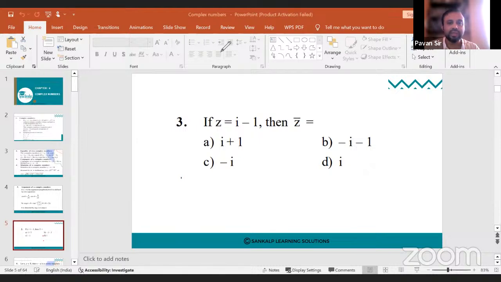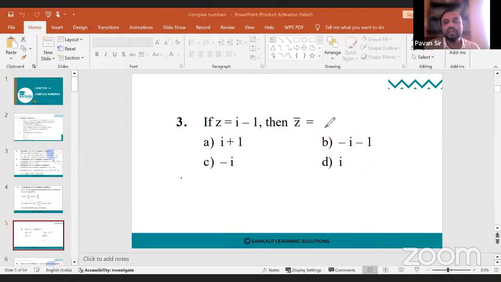C, A, various different answers I am getting here. One of you gave B, and now it is A. So it is clearly mentioned, z bar means what?